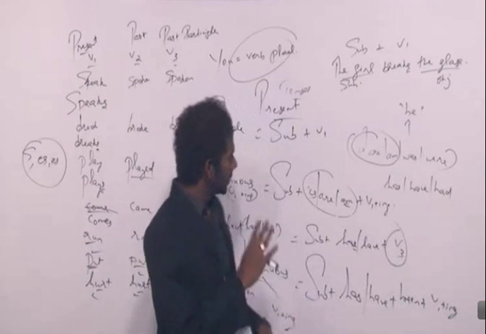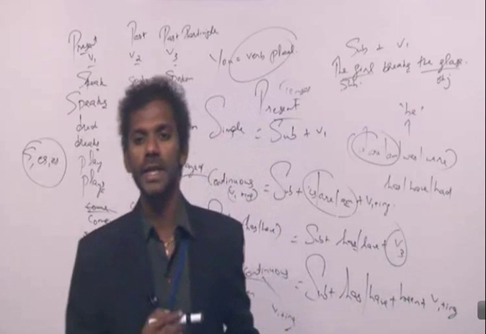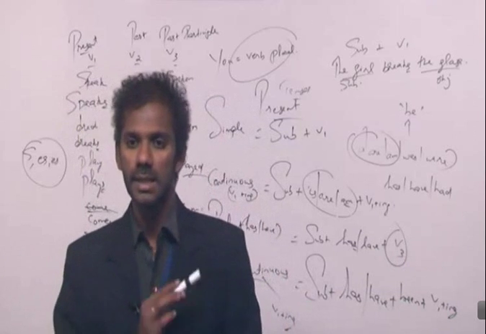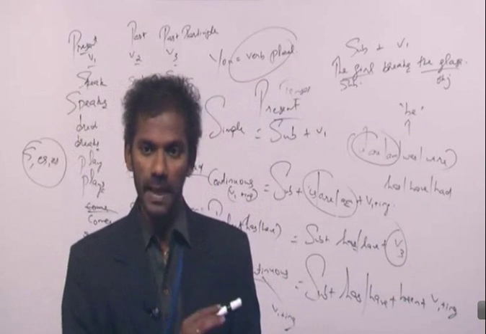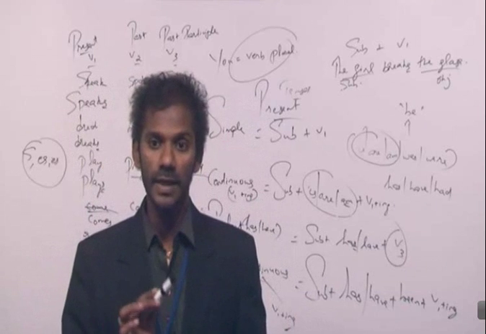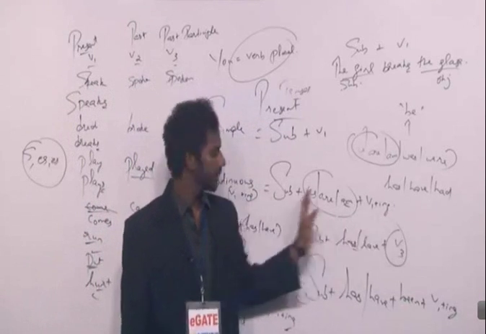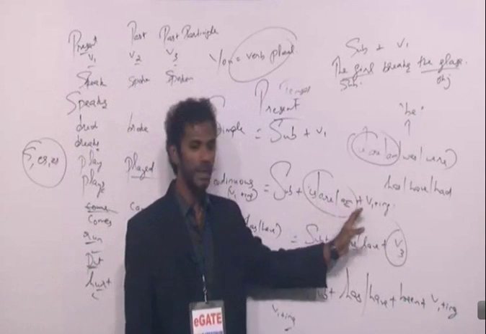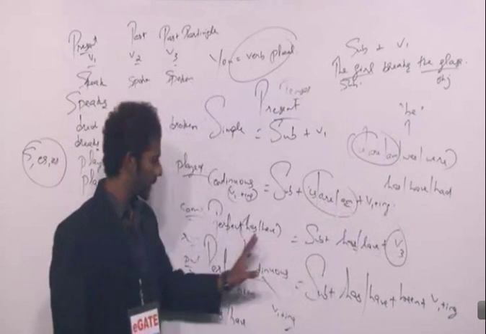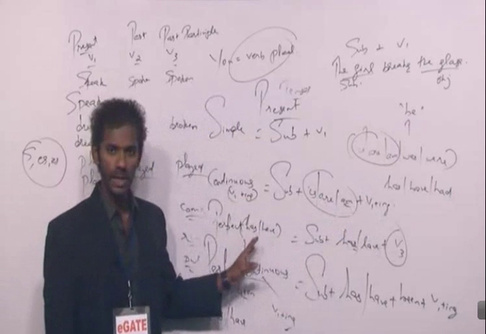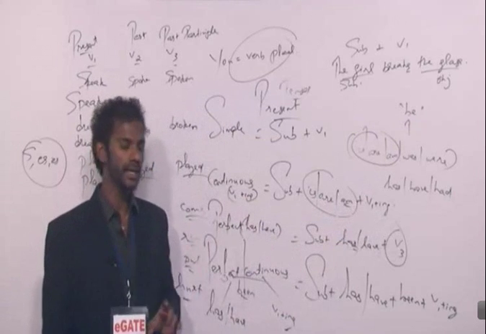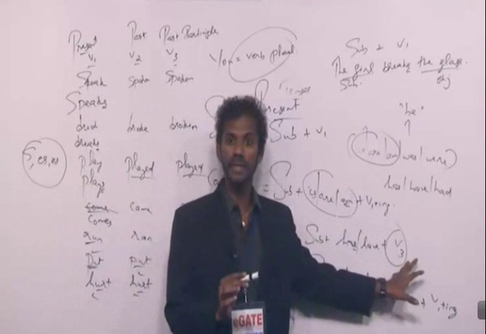Clear? So this is a basic structure of the categories of present tense. Simple present is subject plus V1. Present continuous, as I said, think of is or am, and as it is continuous, V1 plus ing must come. So subject plus is or are or am plus V1 plus ing. Present perfect means think of has or have, and as it is perfect, only V3 comes and V3 must come.